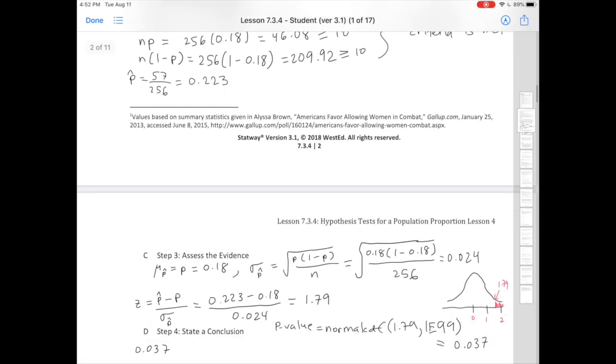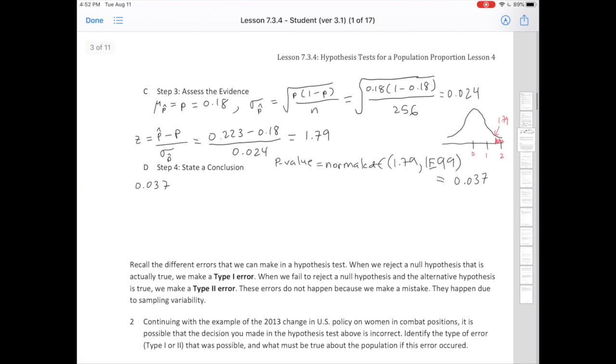So is this number bigger or smaller than 5%? Remember, 5% is 0.05, and this one is 0.03 something, so this is smaller than 0.05. You got to be really careful when you compare decimals, okay? So what does this mean? It means that this is statistically significant.